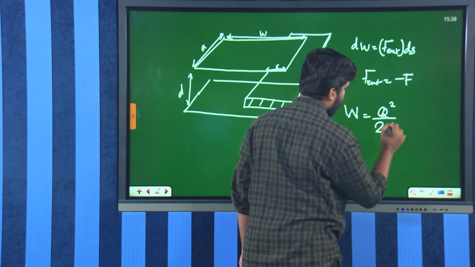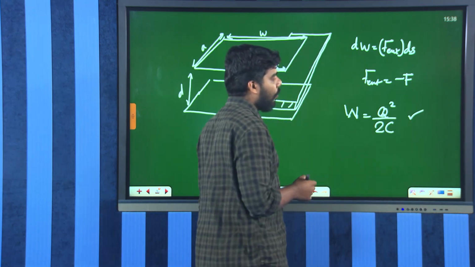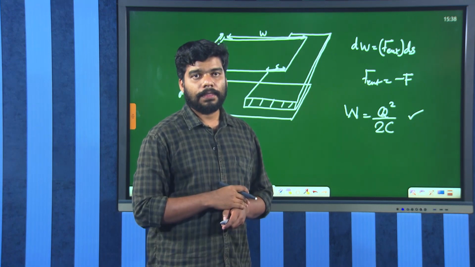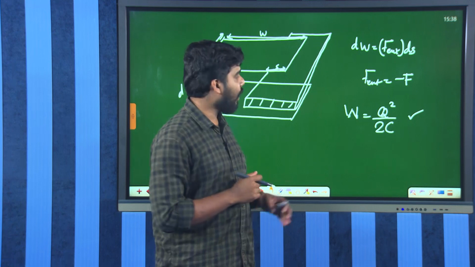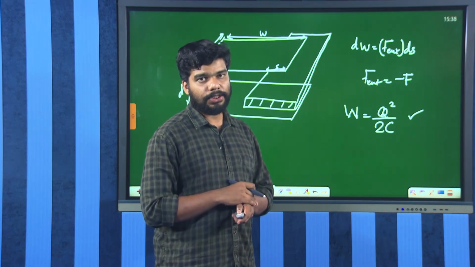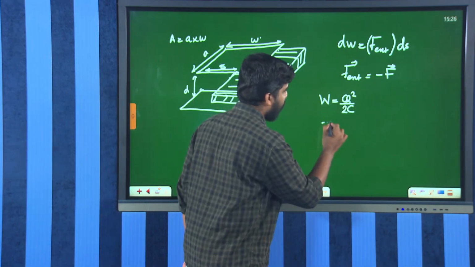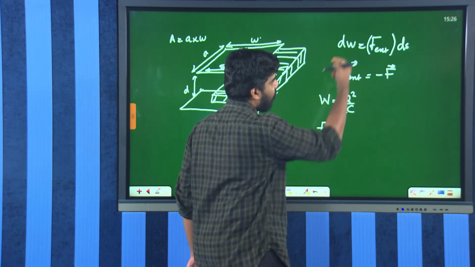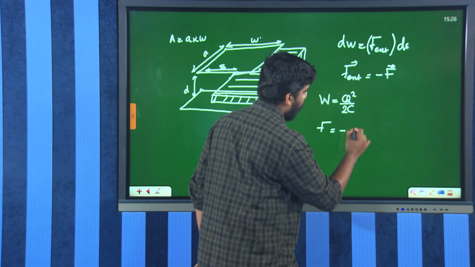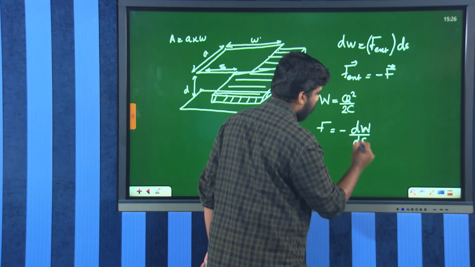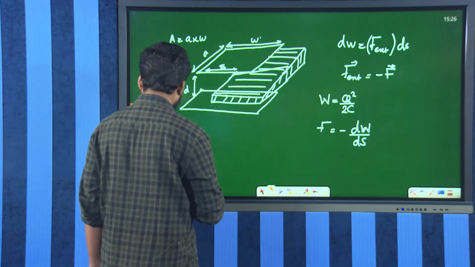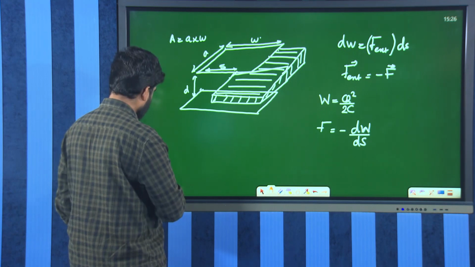We have derived this expression for work done, W = Q²/2C. From the figure it is clear that the arrangement is like a parallel plate capacitor. So, what is the force? From this expression, F = −dW/ds. So, we have to substitute for W.